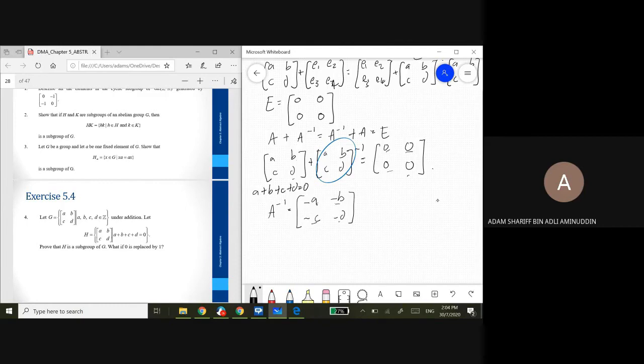And because A plus B plus C plus D is 0, therefore negative A plus negative B plus negative C plus negative D is also 0. Okay, I write slowly takut tak nampak belakang ni. Negative A plus negative B plus negative C plus negative D is also equals to 0.